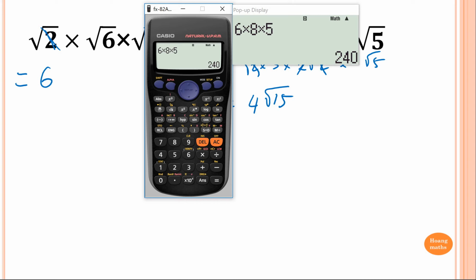Okay, 24 is what? 6 times 4, correct? So I divide by 4 first, see what happened. See, 60 can divide by 4 as well. So divide by 4, there you go, so 15. So 4, okay, 4 times 4 is 16, 16 times 15. So the answer is 4 root 15.